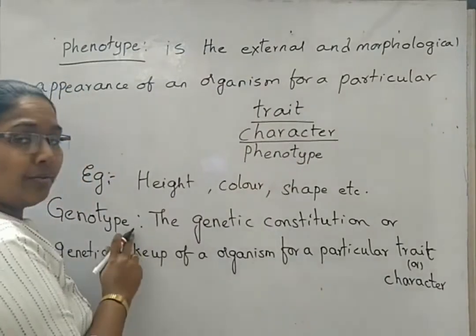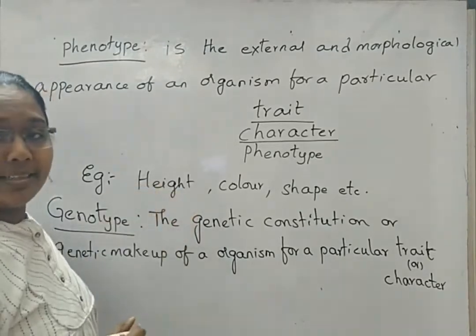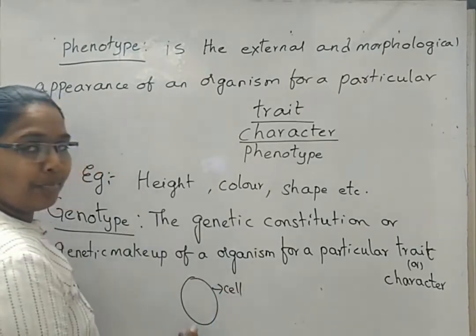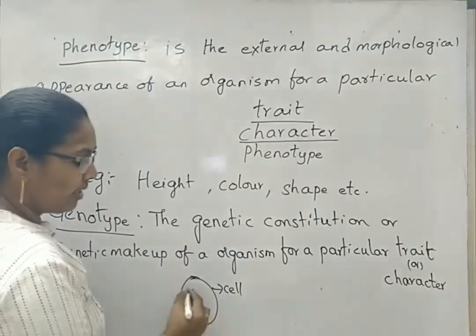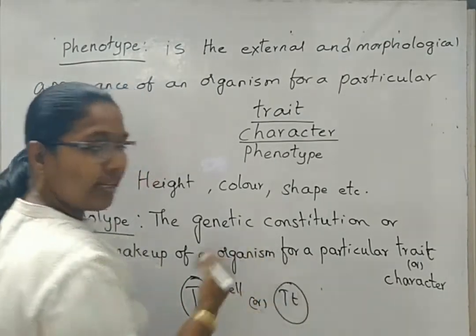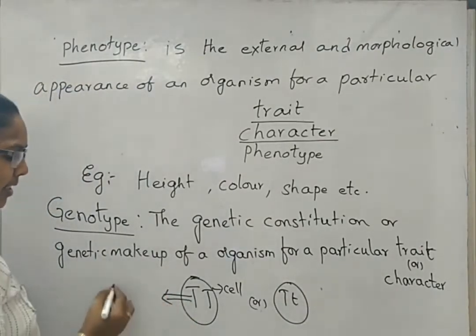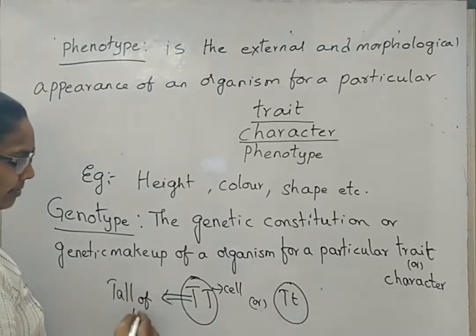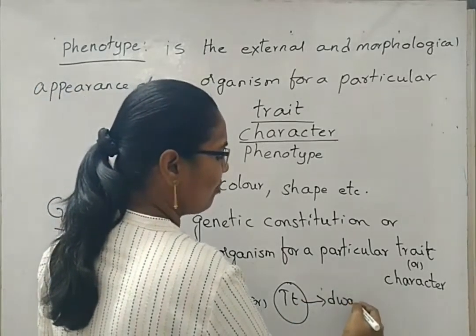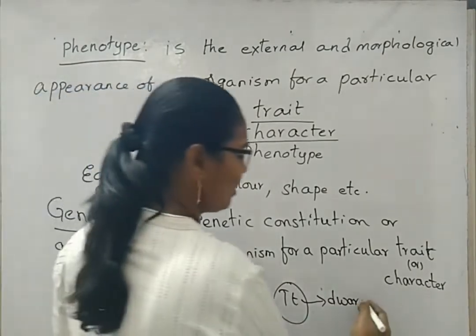Whenever we want to represent the genotype, we represent the type of alleles, not the phenotypic features like height and color. The genotypic expression shows whether there are the same type of alleles or different types of alleles. I have written this capital T many times. It is the allele responsible for tallness of the plant, and this small t is responsible for dwarfness of the plant.